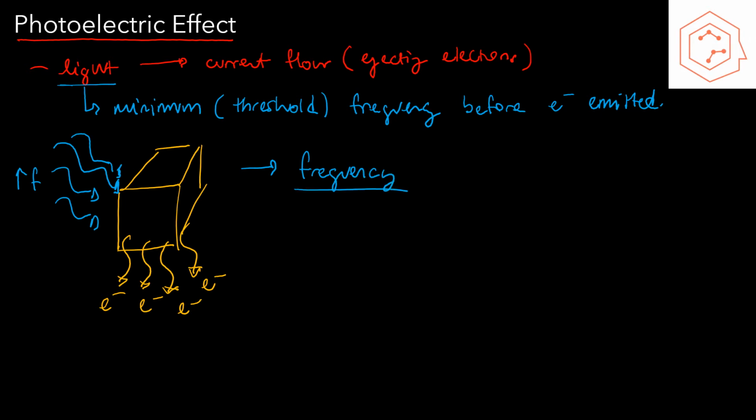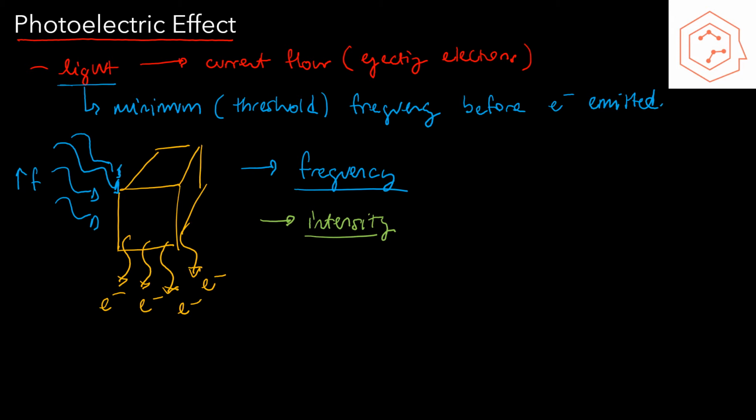If the frequency of the light is not met, no electrons will be emitted. If the frequency is met, then increasing intensity of light, or increasing the surface area of where your light is interacting with the material, will also increase the amount of emitted electrons.